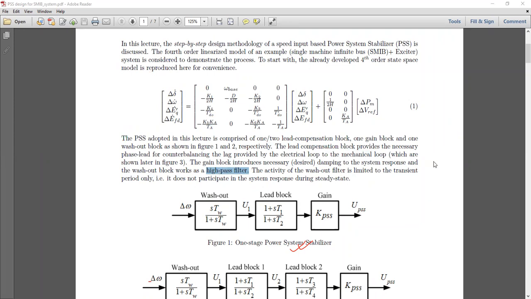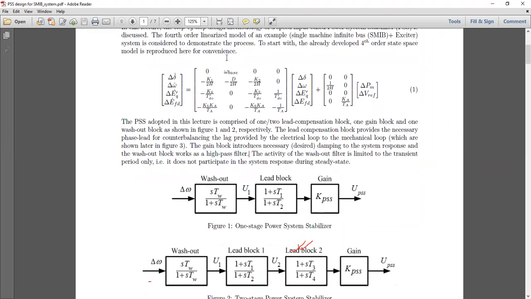So these are the three blocks, and then the number of lead blocks required actually depends on the amount of phase lag introduced by the exciter block. How many blocks would be required here? Will only one be sufficient, or should we use two, or more than two? It depends on the amount of phase lag produced by the electrical loop, and that is injected ultimately into the mechanical loop.